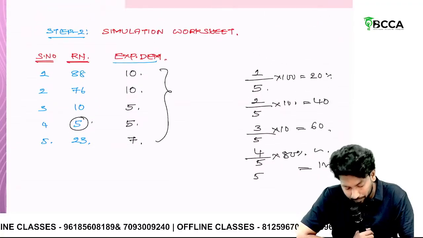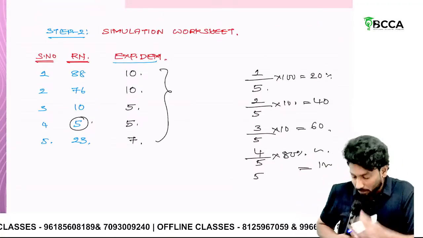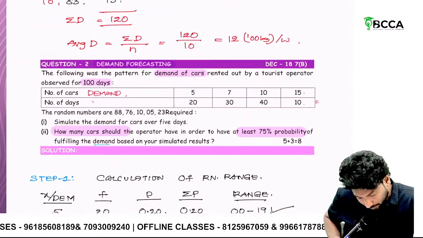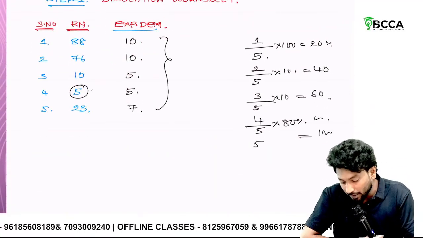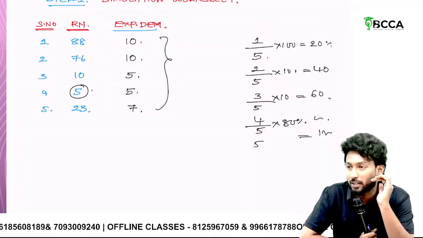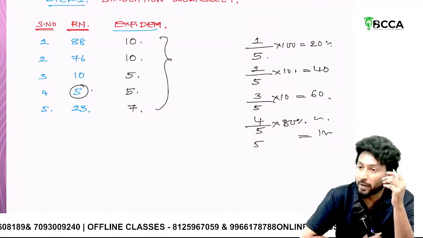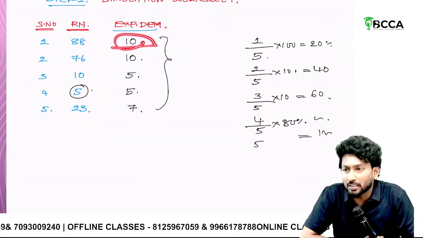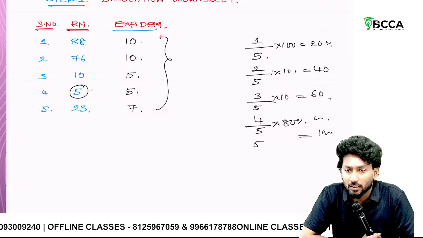Now see, if I maintain, the operator, let's say the operator is having 5 cars per day, 5 cars in his store. How many days' demand can he satisfy, sir? First day demand is 10 cars, he is having 5 cars, demand cannot be satisfied.